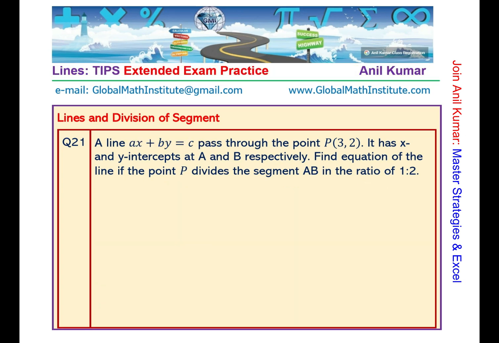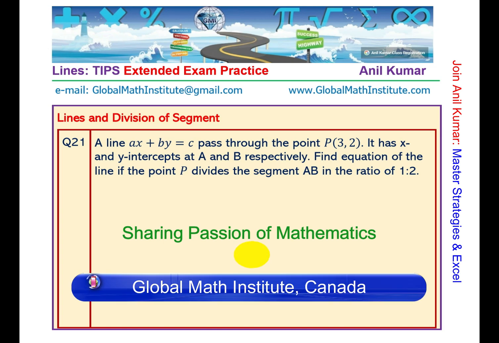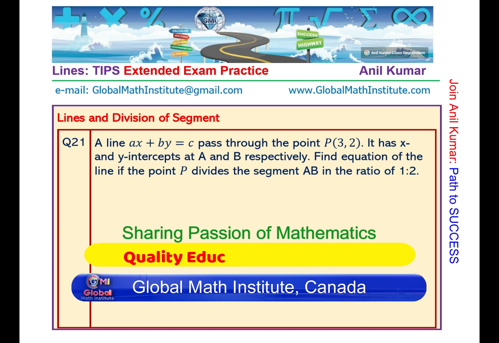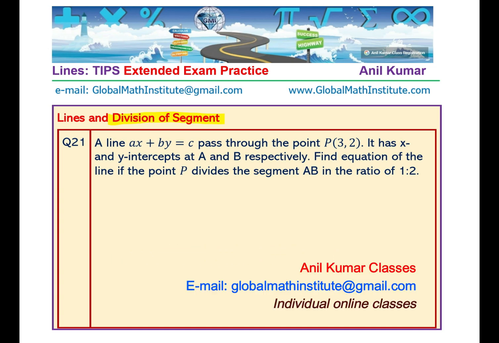Here is the section formula for your ready reference. Let us understand the formula which is used for division of a line segment. This formula is also known as the section formula.